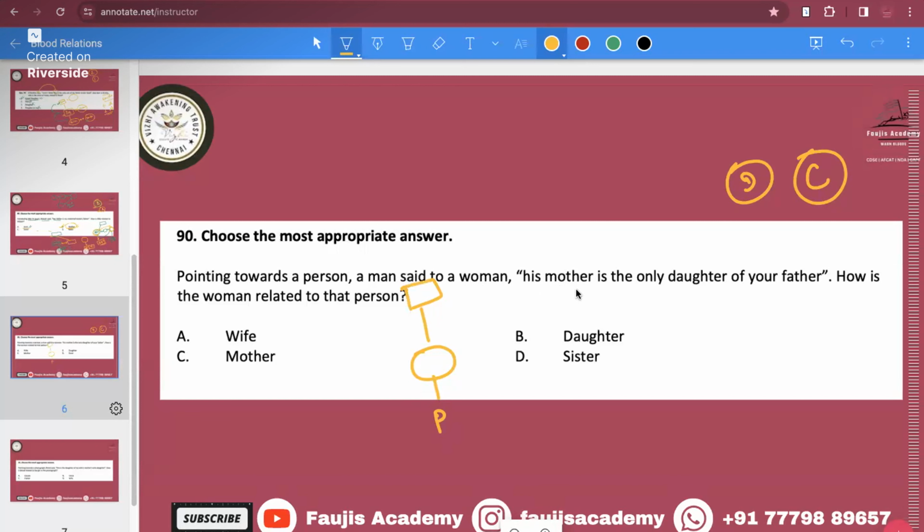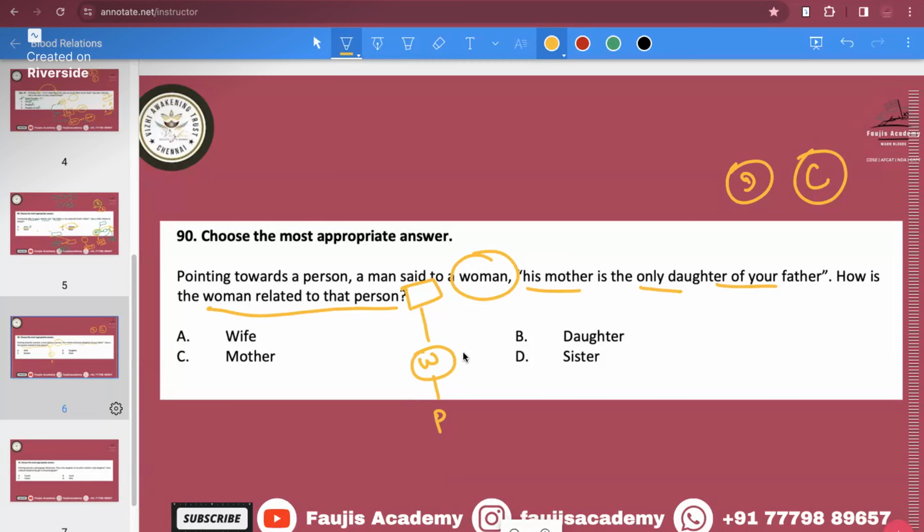If his mother is the only daughter of your father, basically we are talking about that woman herself, right? So how is that woman related to that person?